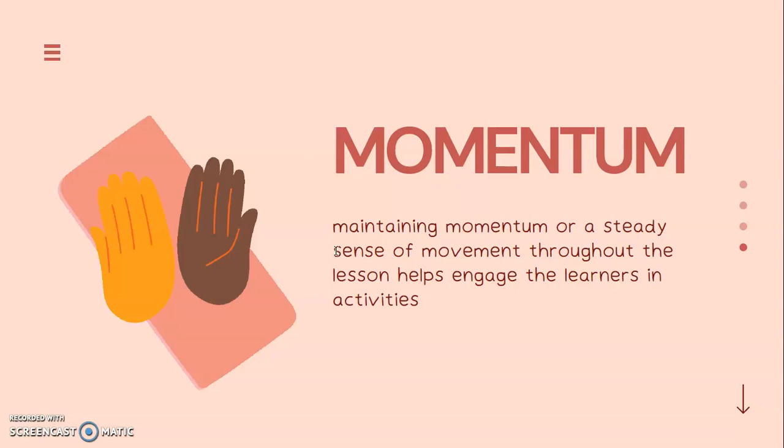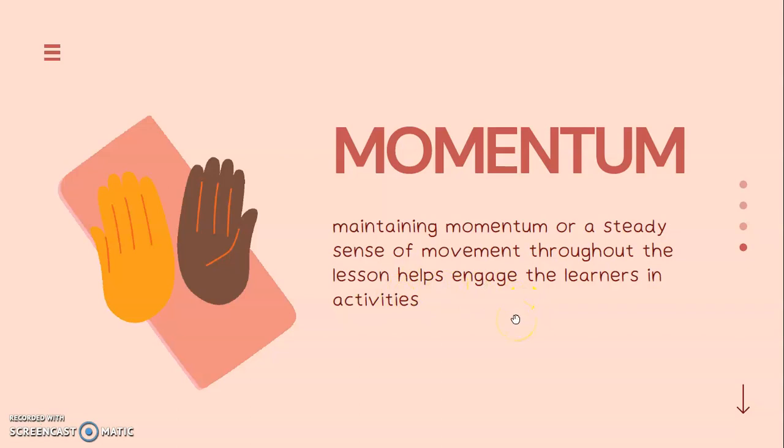Sometimes during our class activity, the flow of the discussion is going really well, and our momentum should be maintained. Because if something happens that distracts us, then instead of staying at the peak, we suddenly go down. The students' interest drops, and of course it is cut off because the momentum was disrupted. Okay, so we need to maintain momentum, or a steady sense of movement throughout the lesson, and this will help engage the learners in the activities.